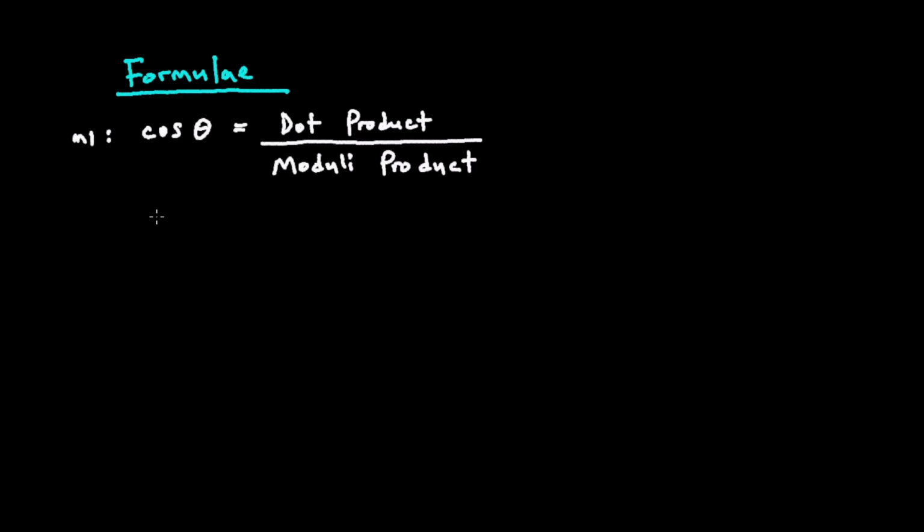Zvakabva pa this expression A dot B, dot product, is equal to the size of A multiplying the size of B, the moduli product, cos theta. Like this. Saka kana tikada cos theta, remember tinogona divide both sides nechi moduli product.